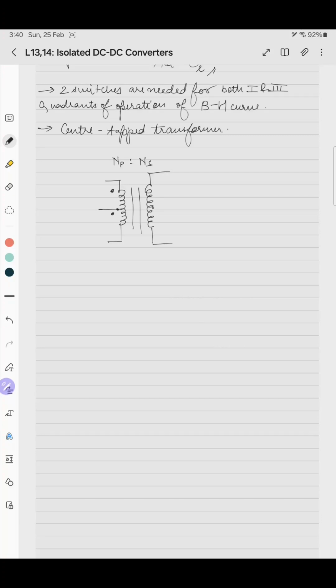That should be given. So we have to have a source Vin, like this. If we connect it here, so once this terminal should be connected here, and once this terminal should be connected here, so it gives the possibility of two switches like this.